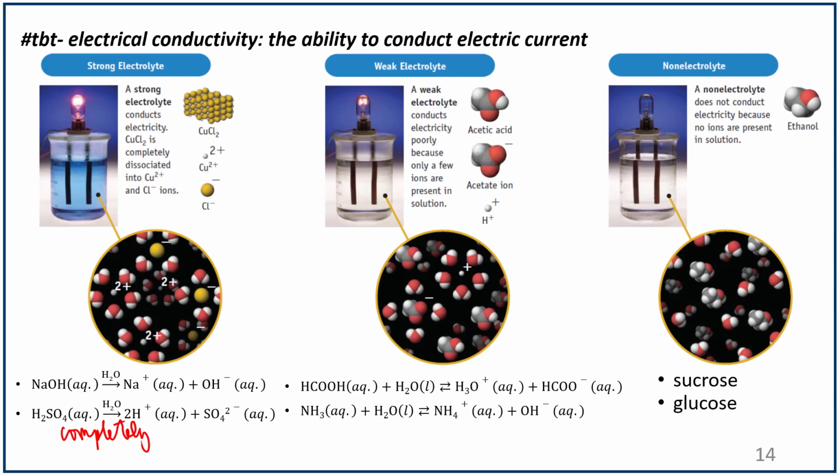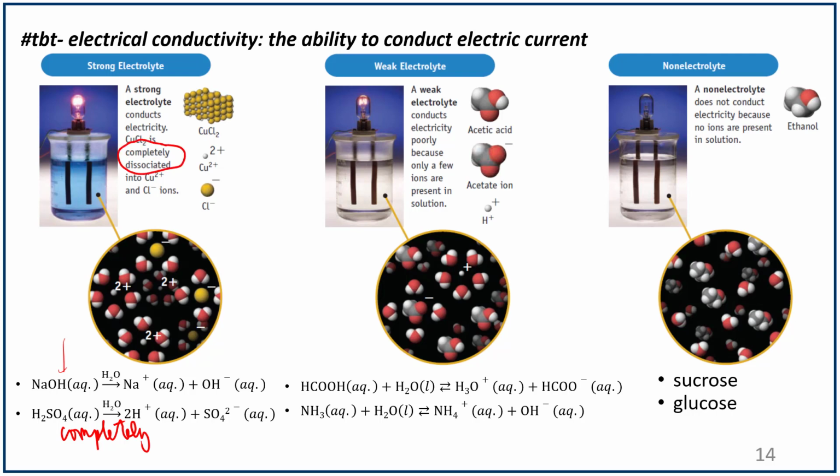So for example, the strong base sodium hydroxide will dissociate completely in solution as sodium ions and hydroxide ions. And then you have sulfuric acid, which will dissociate completely into H plus and SO4 minus. Again, the word is dissociate, and for strong acids, that's complete.